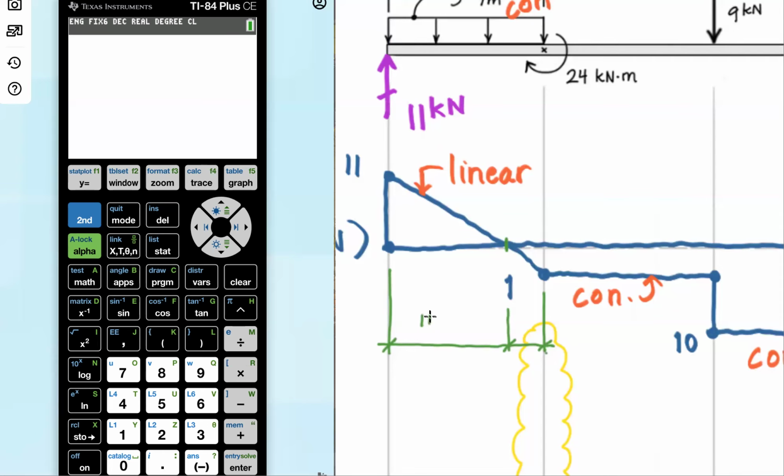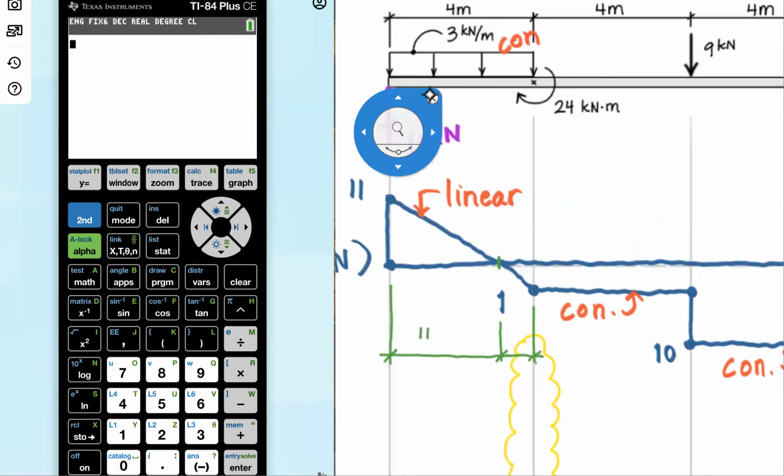So this one's going to be 11 divided by 3. That's because the slope is 3 kilonewtons per meter. That is the slope. We know the rise is 11.